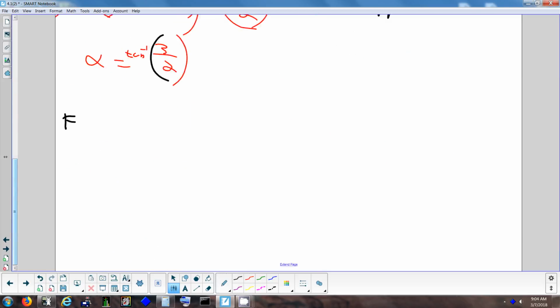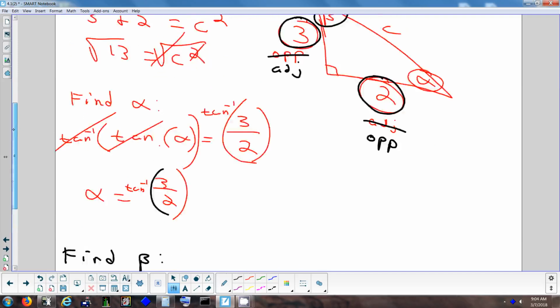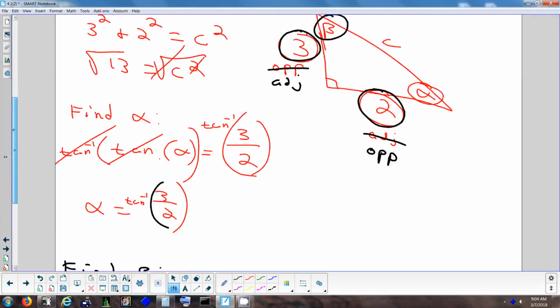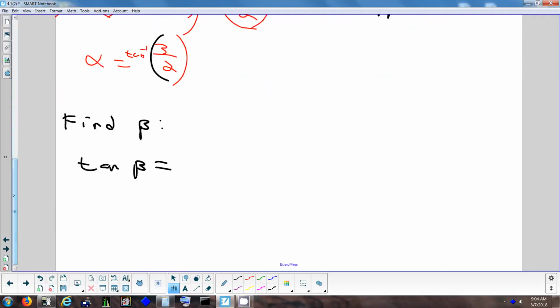Let's find beta. The tangent of beta equals opposite over adjacent. So now instead of being 3 over 2, it's going to be what over what? Yep. 2 over 3.